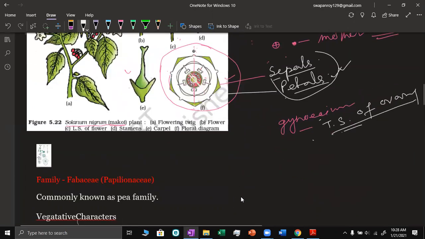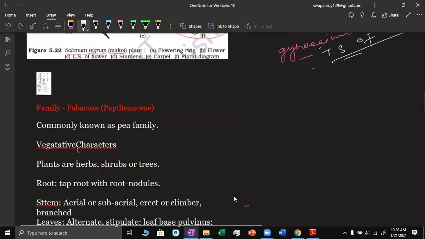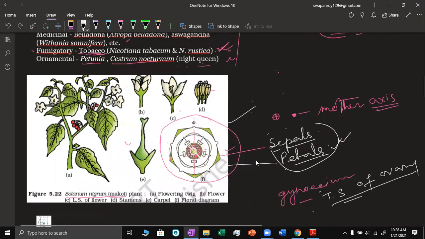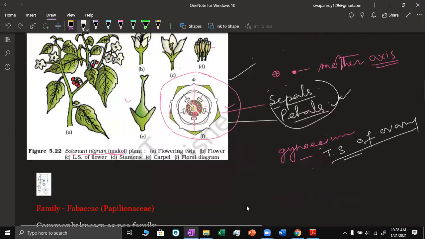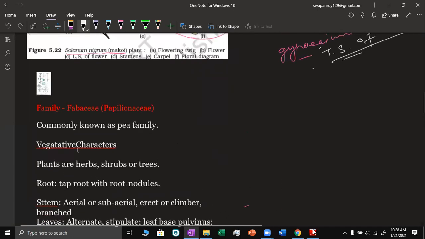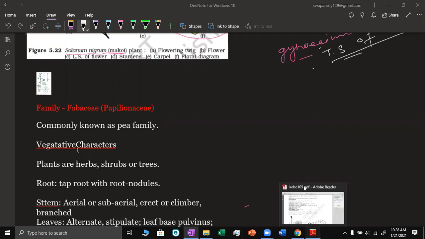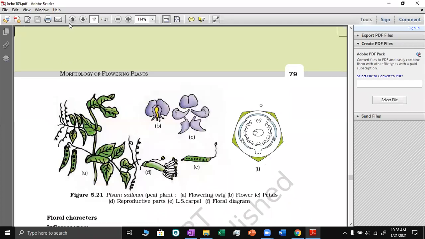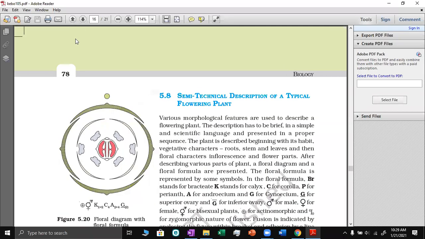So this way, this is the floral diagram. Before I go to the next family, I will show you the different symbols from your book. Okay, here is the floral diagram.